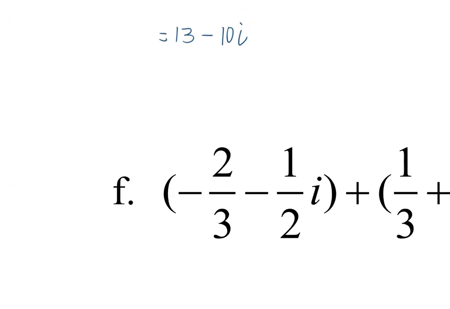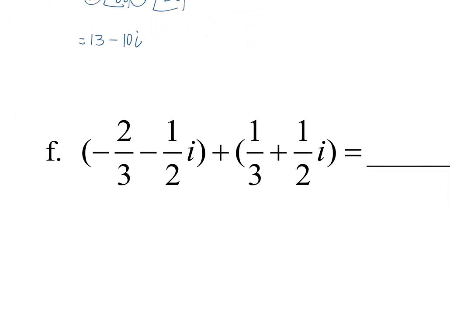Let's do the last one. So for this one, it's addition, so we don't really need to rewrite anything. The parentheses really aren't even needed in this case. So you have a negative 2/3 and a 1/3 that are like terms.